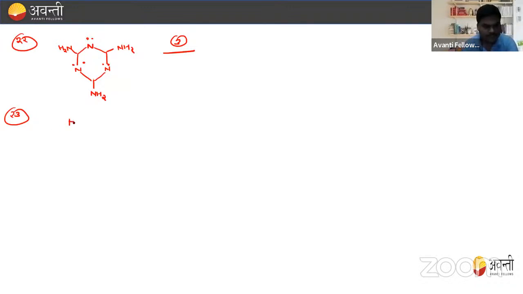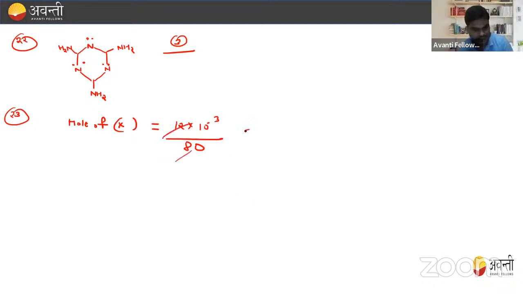Now we know the moles of X, which is equal to 12 into 10 to the power minus 3 upon 80.